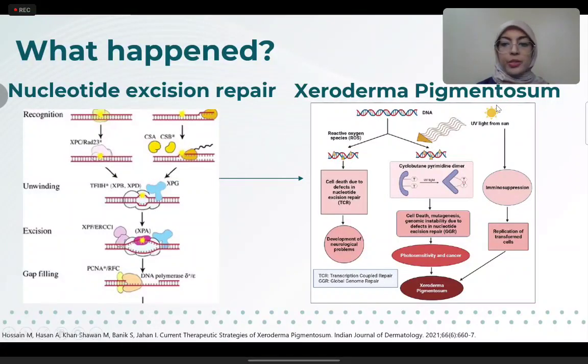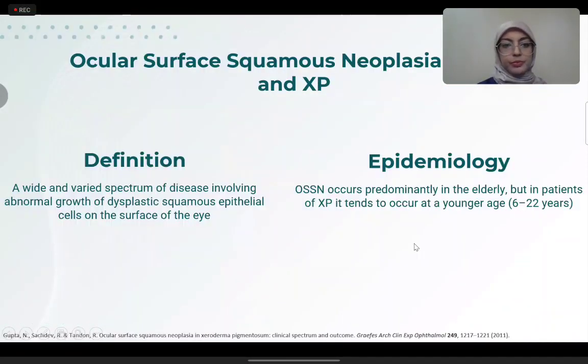So when there is exposure to UV light and reactive oxygen species, it will induce cell death, mutagenesis, and genomic defects. This will lead to photosensitivity and cancer in xeroderma pigmentosum.